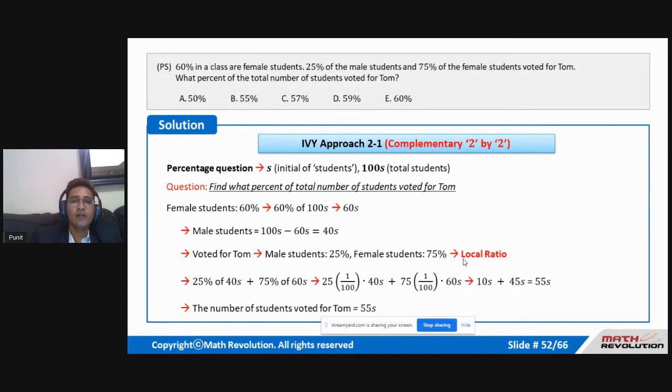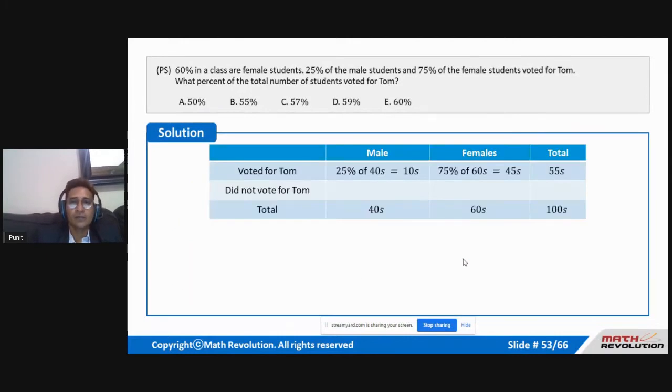Now we need to be very sure that 75% is being taken for 60, not 100. So that becomes a part as a whole. We have got 25% of 40 and 75% of 60, which becomes 55 S. So the number of students in total who have voted for Tom are 55 S out of 100.